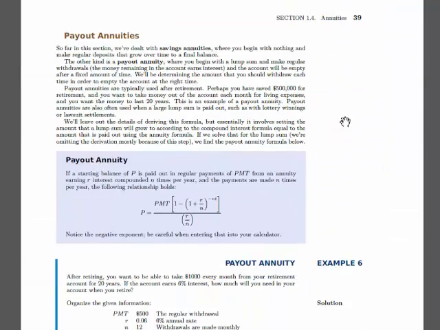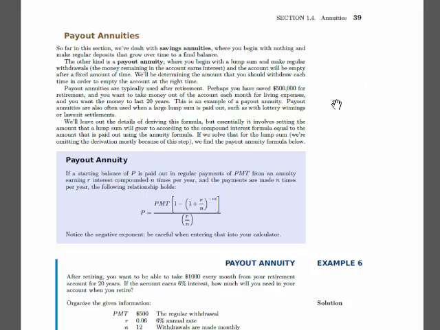Once we talk about savings annuities, we come to another side, which is payout annuities. The way this works is, if you're saving for retirement, you put into a savings annuity, you make monthly or yearly payments, and those grow to a lump sum. When you retire, you don't take out that lump sum and stick it in a savings account somewhere.